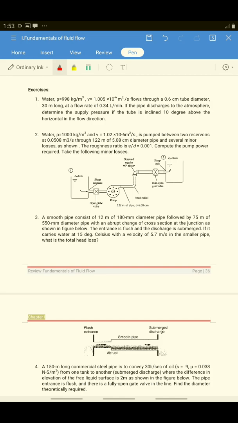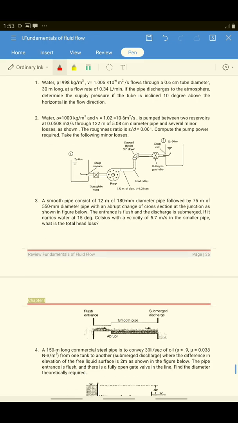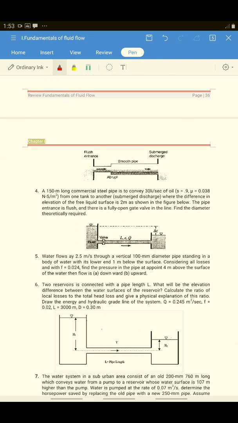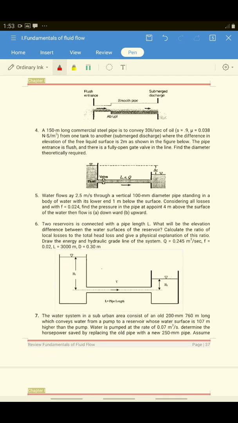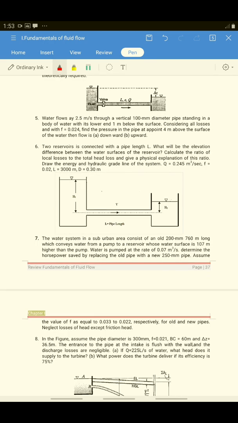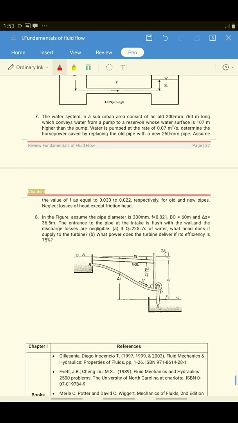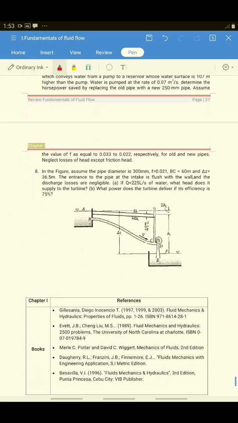Try to check the figure, is it clear? Okay? Then this one. So, you also have number 8.